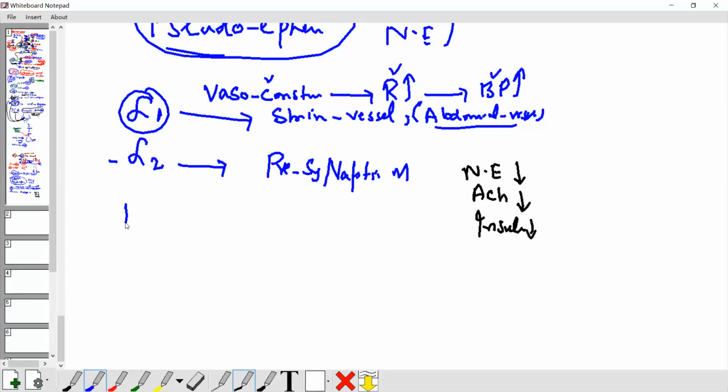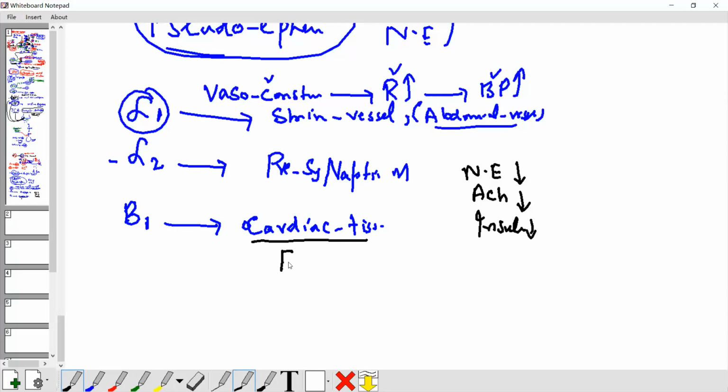Next one, beta 1. Beta 1 is present on cardiac tissue. M3 is present where? Node. Beta 1 is present on cardiac tissue, where?